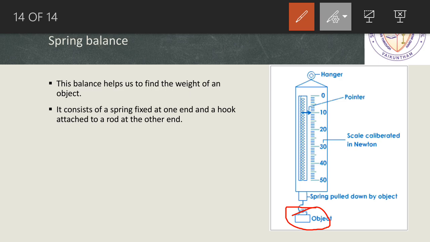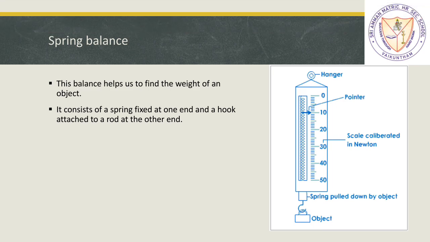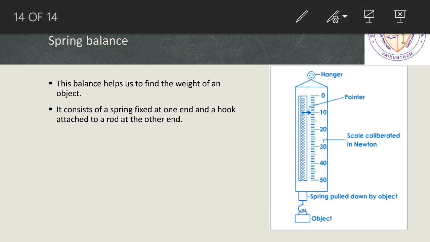A hook kind of a thing is present on one side, and in the middle is the spring. You can see the spring inside it. So inside this device there is a spring.